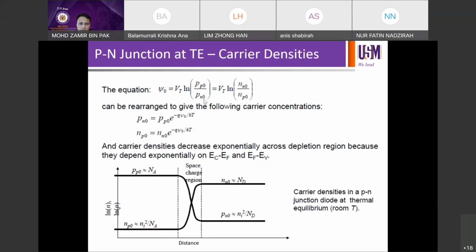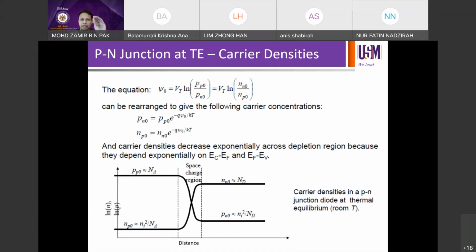So the equation is this, as we discussed. And if you rearrange this equation, you will get Pn naught. For example, if you want to calculate the minority carrier concentration, why do you want to know the minority here? Because when you have the P and N type, say this P type, this N type combined together, you're going to have holes diffusing from the P type into the N type.